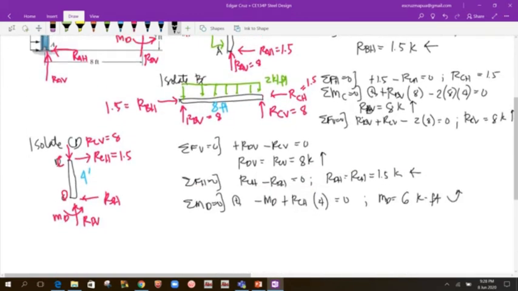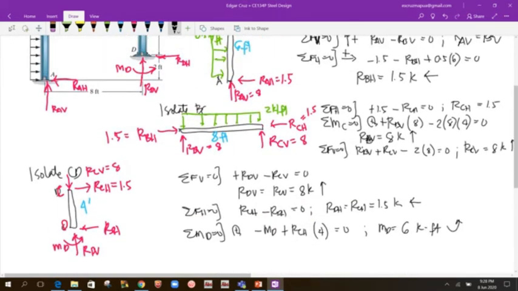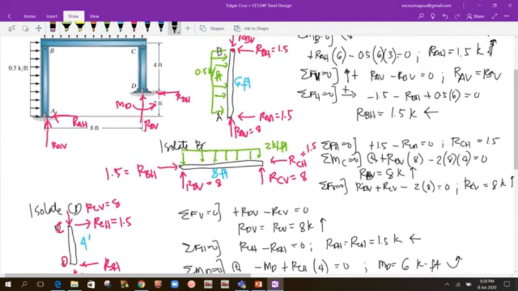So we're now ready to draw the diagrams. Okay, so let's try drawing the diagrams.